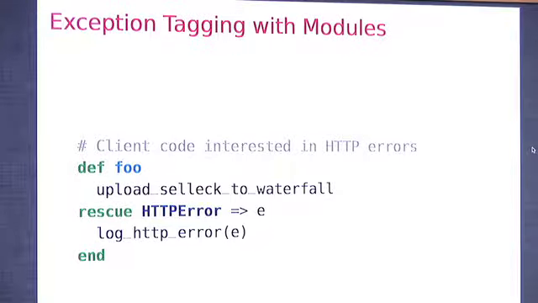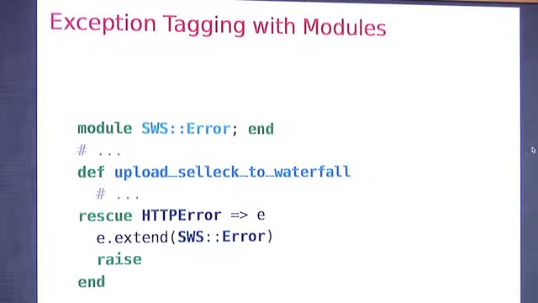But there's a way to get around that and kind of have your cake and eat it too, which is to use modules for tagging. So here I've got a module SWS error representing an error coming out of this application, and at the top level of the API, I rescue in this case HTTP errors, tag them with SWS error by extending them with the module, and then I re-raise.